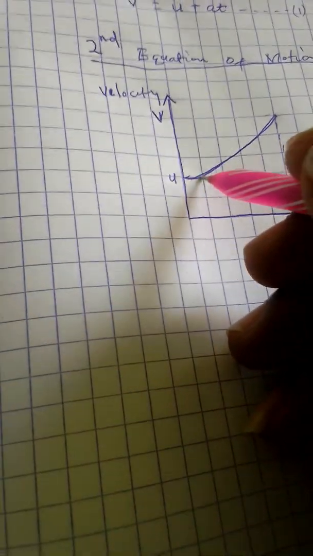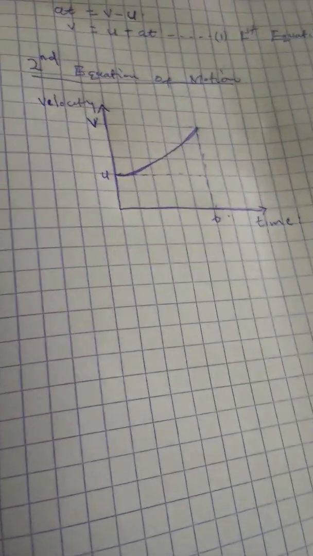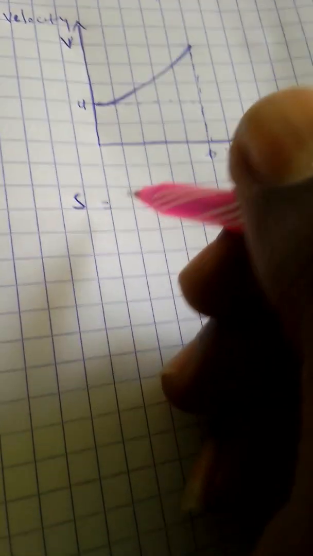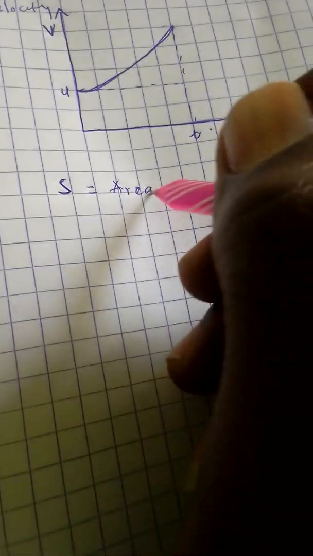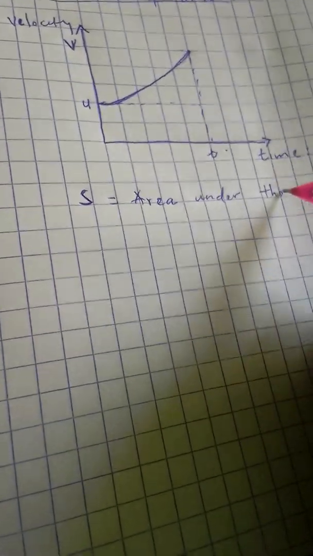So, after having this velocity time graph, it can assist us to get the displacement, which is represented by s. The displacement in the velocity time graph is the area under the graph.